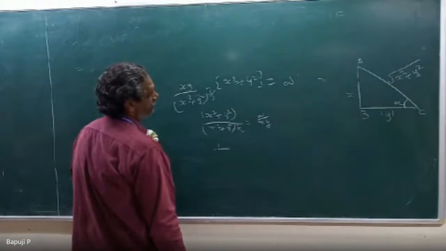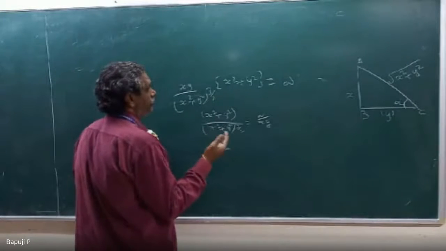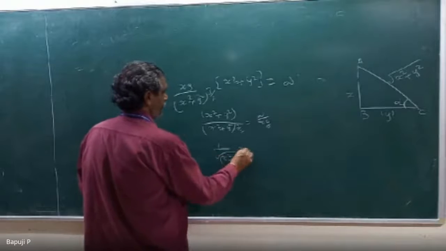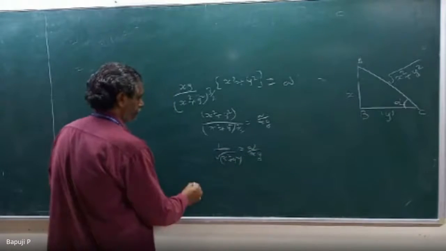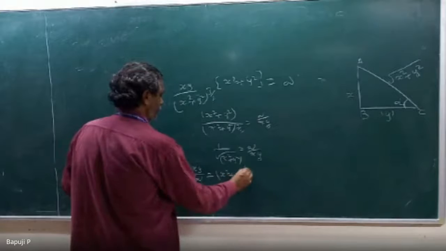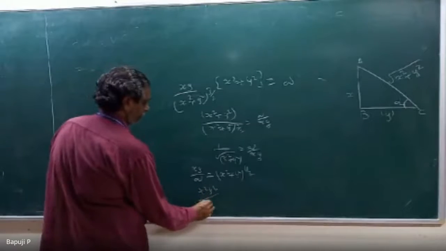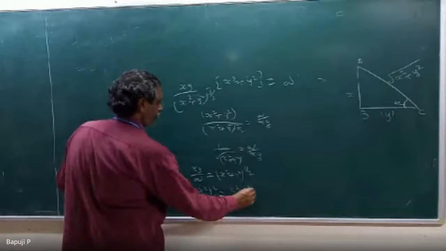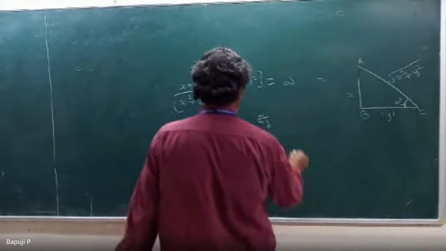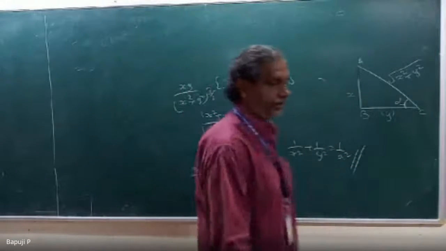Squaring both sides, what will you get? This is the required locus.